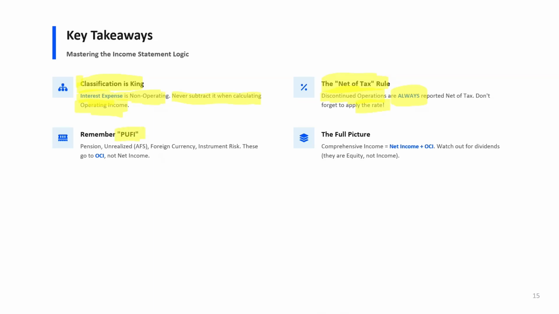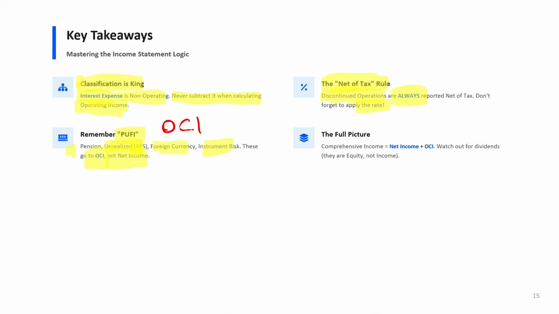The other one is the PUFI mnemonic. This one is for other comprehensive income. What are those items? The pension, unrealized gain or loss on available for sale securities, foreign currency, and instrumental risk. Those are related to credit. Those ones go to other comprehensive income, not net income.